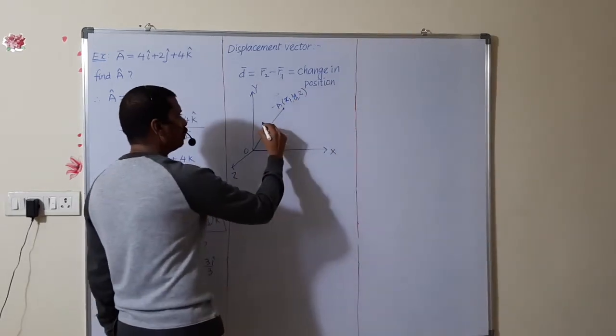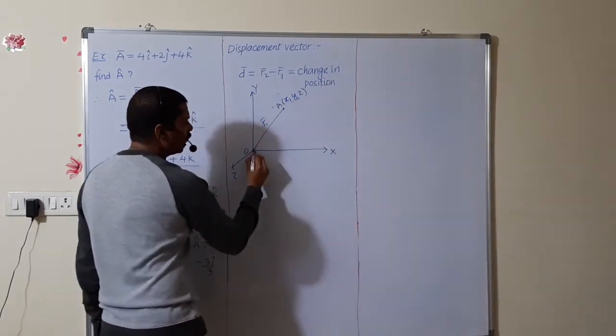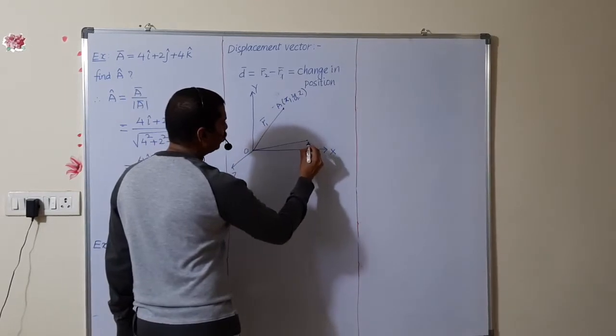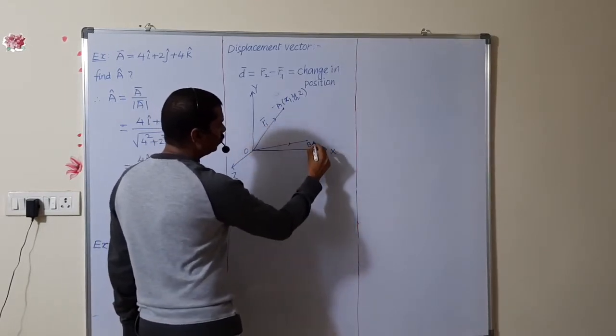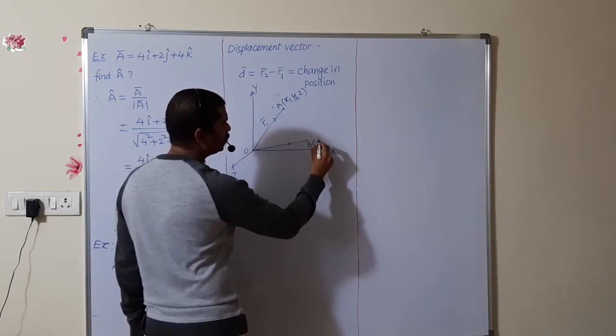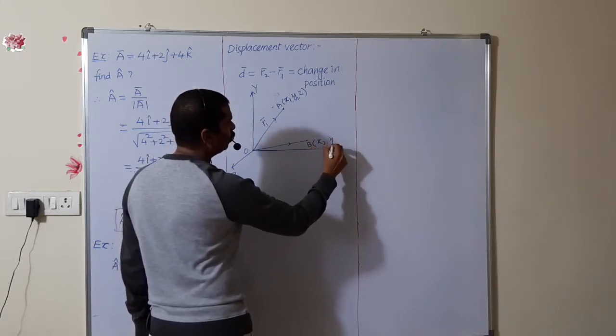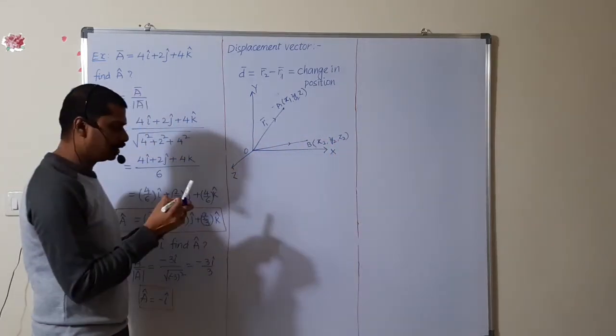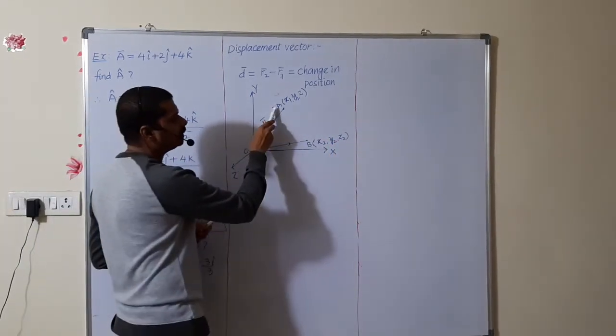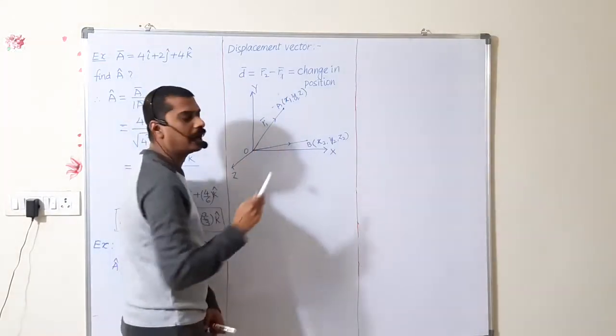It is represented by the vector r1. Another position vector is located at point B, and this point has the positions x2, y2 and z2. Now these two positions are there. A is the initial position, B is the final position.